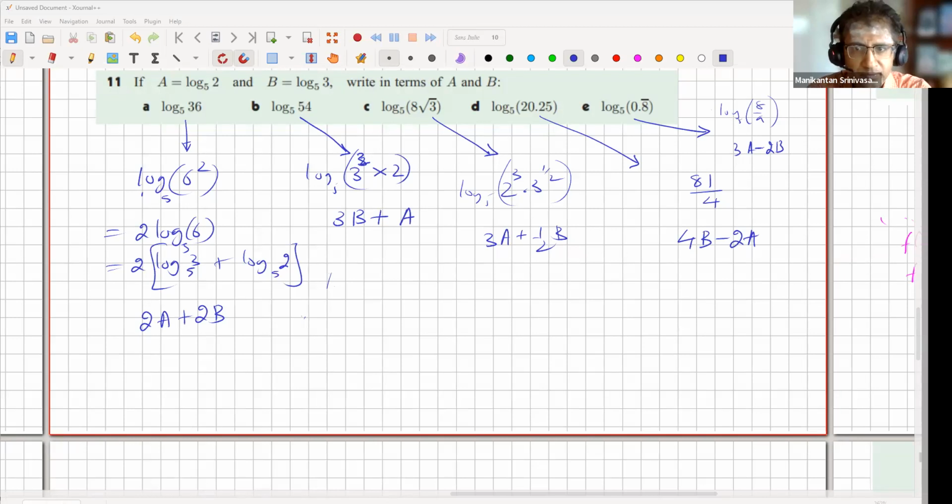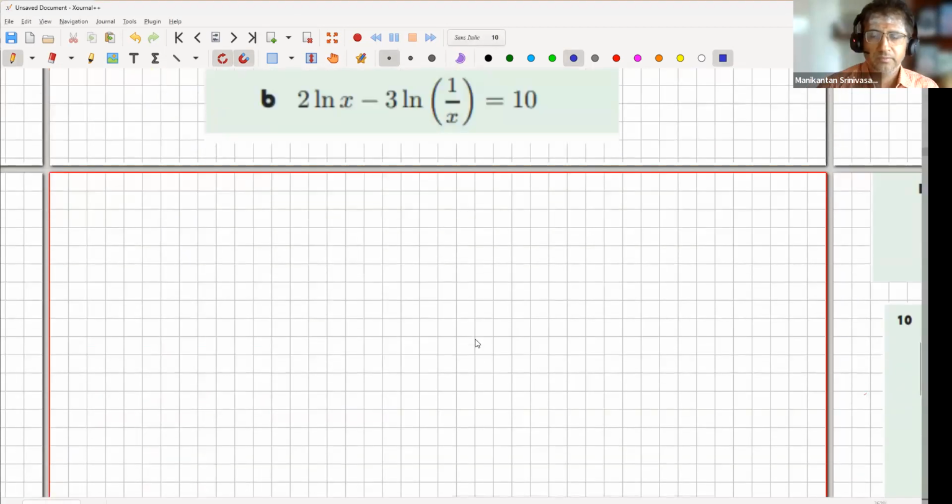Let's do 12b. 2 ln x minus 3 times... This is non-calculator. Yeah, anyone? Open it up to anyone.